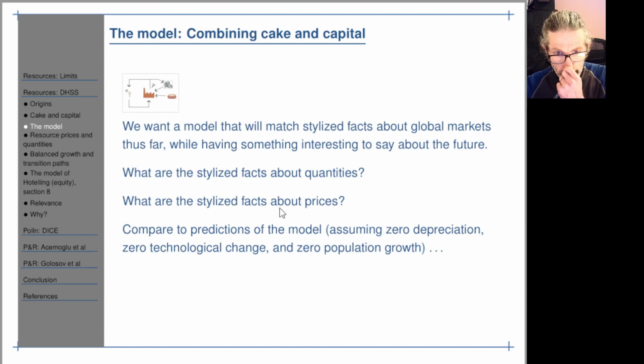So we want a model that will match stylized facts about global markets while having something interesting to say about the future. So thus far, global markets, how we know they worked for the last 50, 100, 200 years. What are the stylized facts about quantities of natural resources?